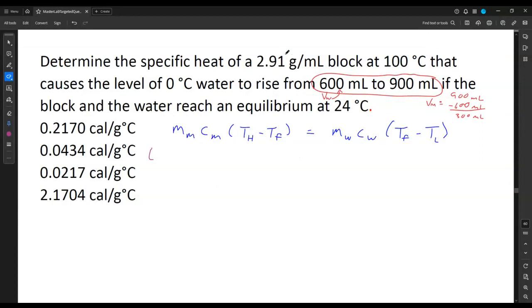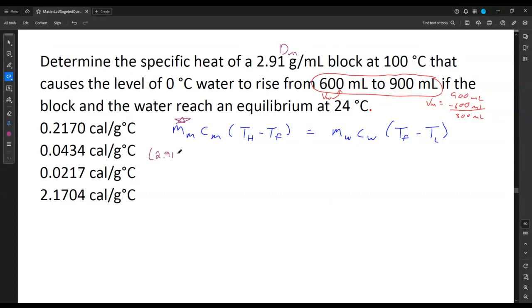So these are volumes, and I can take the density and multiply. So density of the metal here, because it's talking about the block, multiplied by the volume of the metal, then that will give us the actual mass of this metal. So, oops, small mistake there, but we've got it at least before it caused any damage. But let's go from here.